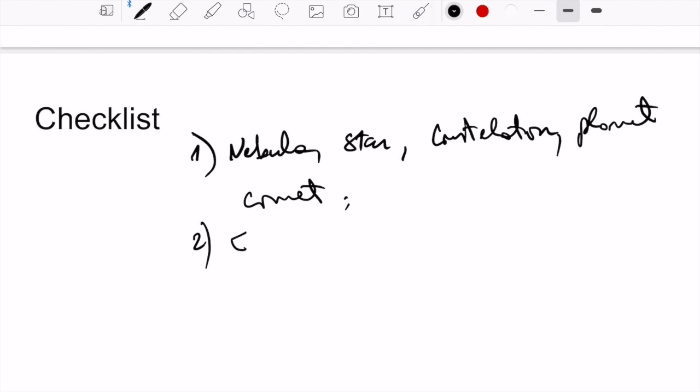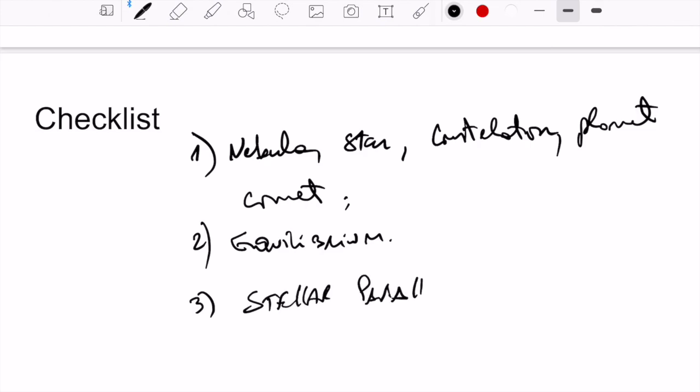Understand the equilibrium in a star, the equilibrium between the outgoing and the inner pressure, between gravity pulling inwards and the radiation gas pushing outwards. Understand the method of stellar parallax and do some problems to solve.